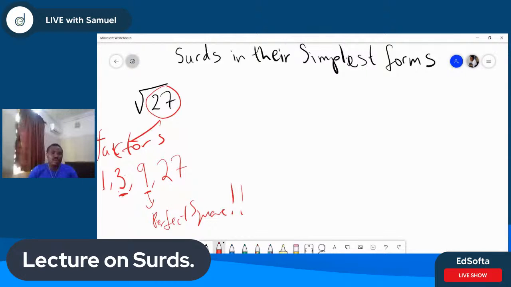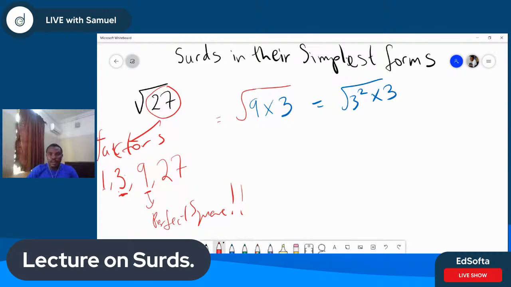So what do we have? We can write this as 3... no, you put the perfect square first. We can write this as 9 times 3, and that will be square root of 3 squared times 3. What happens?